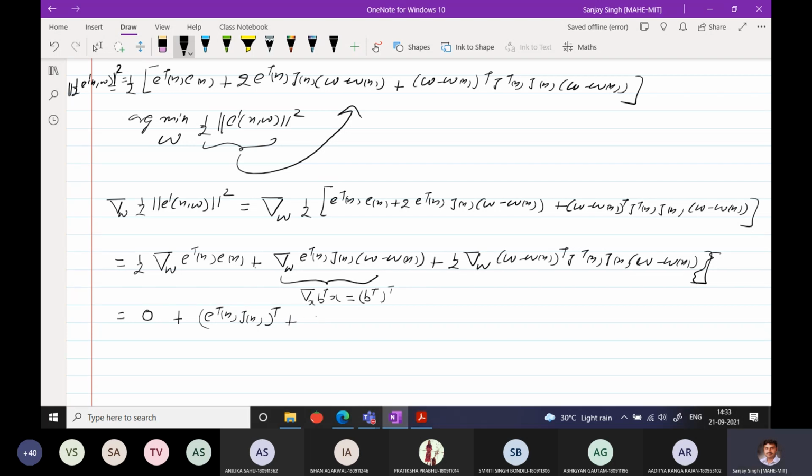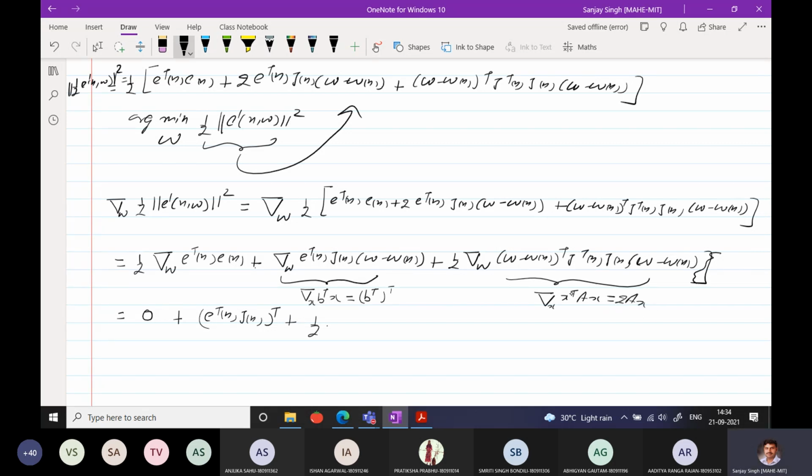plus half of this. Now this part is like x^T A x, where we want to differentiate with respect to x, which here is W. So this part is coming here with the transpose, and in between, whatever is there is basically matrix A. So this you know gives 2Ax.